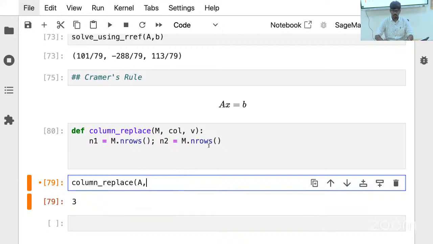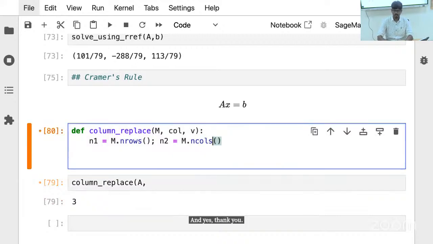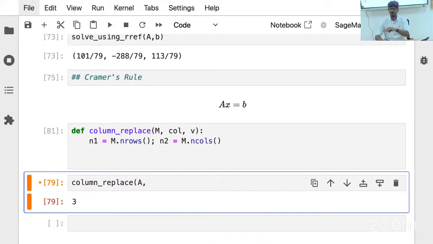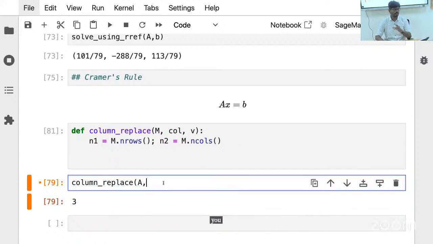N.columns, yes, thank you. I usually verify the function at every stage. Otherwise we'll keep writing a big function and lose track of the errors, and we'll end up correcting them. Debugging is a very difficult job.